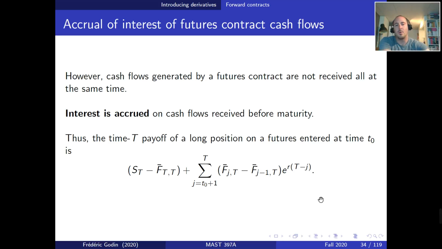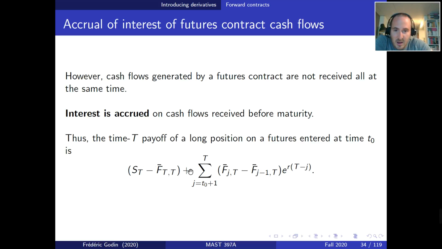If you accrue interest on all payments received before the maturity capital T, from the time you receive the cash flow until time capital T, then the future value of all cash flows received from the futures contract is the following.